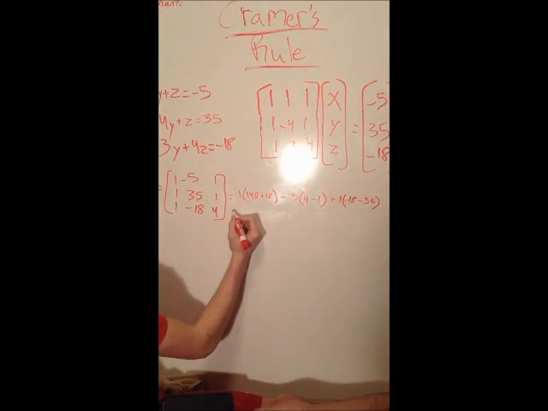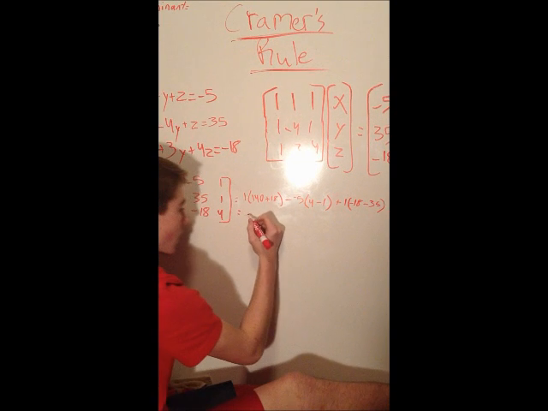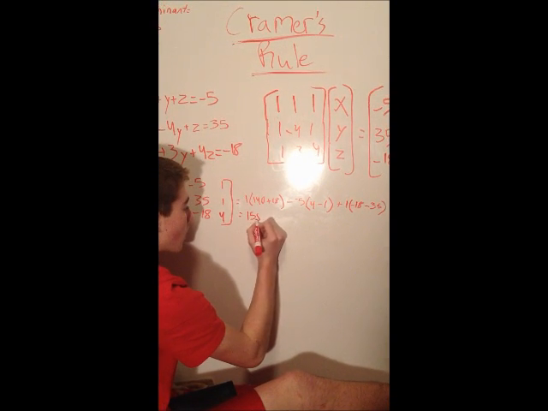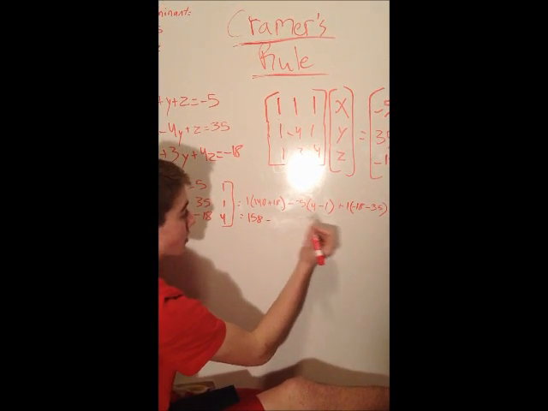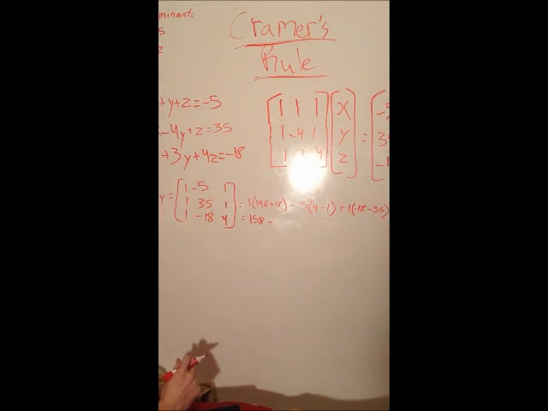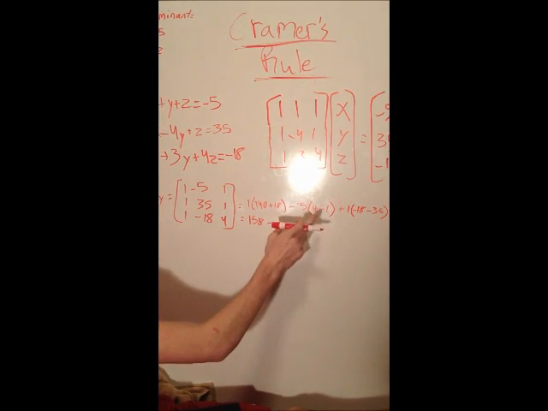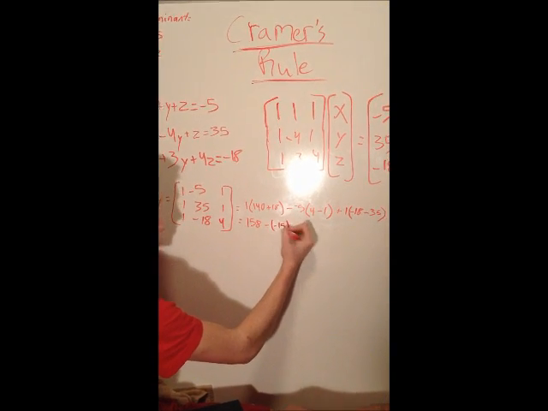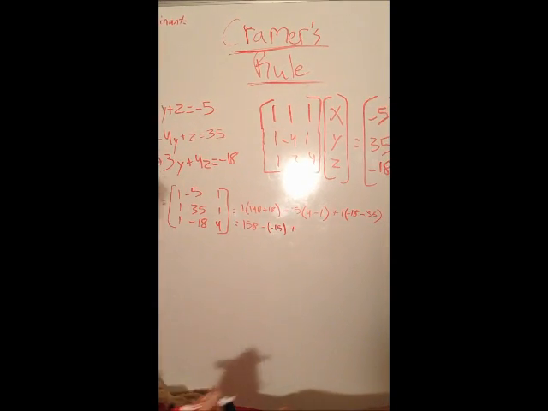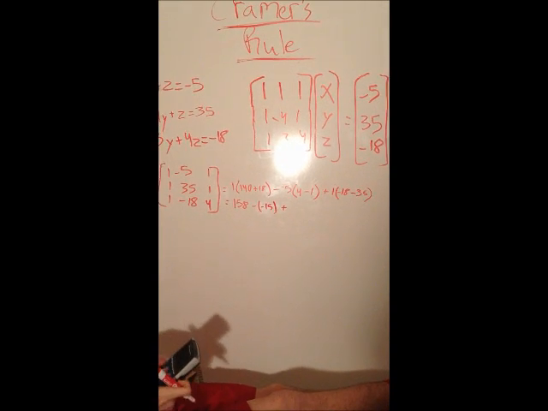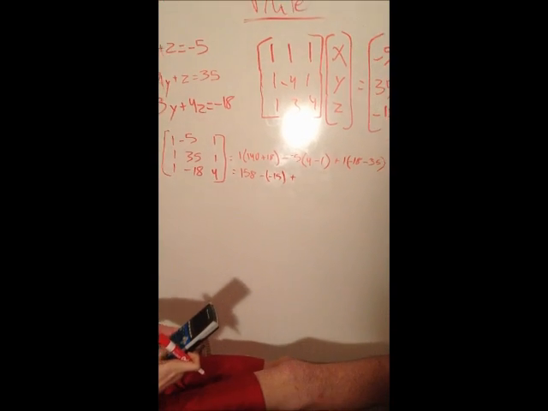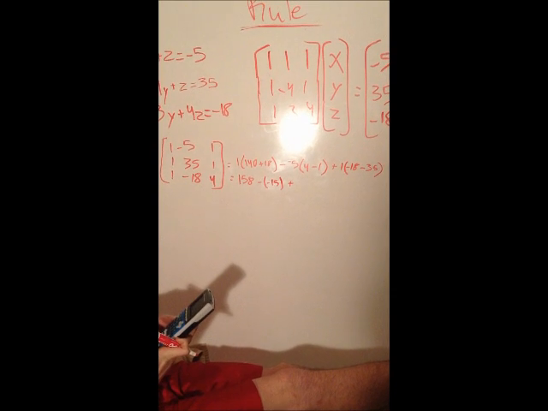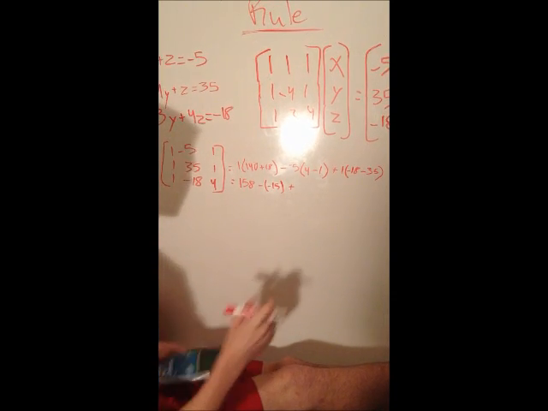So, then you simplify that, and you get 158 minus 4 minus 1 equals 3. Negative 5 times 3 equals negative 15, so minus negative 15. Plus, so you get negative 18 minus 35 equals negative 53.